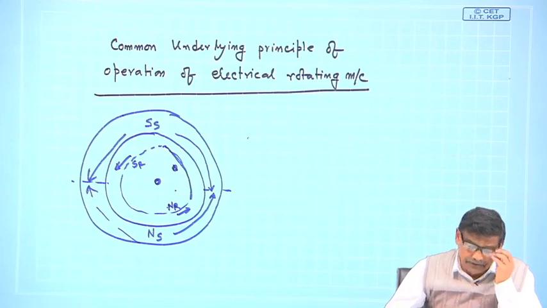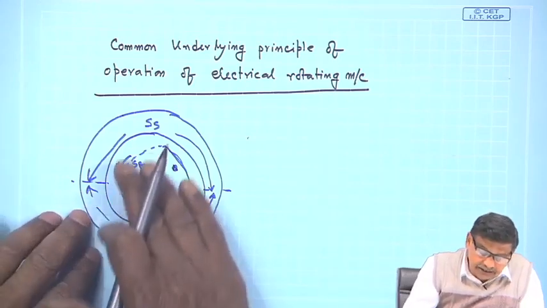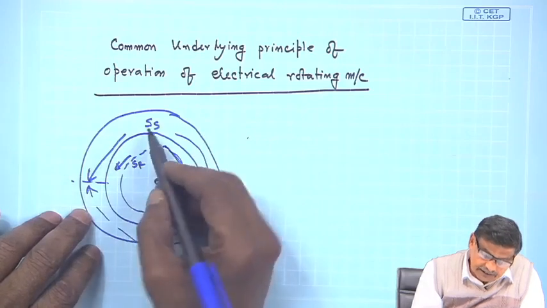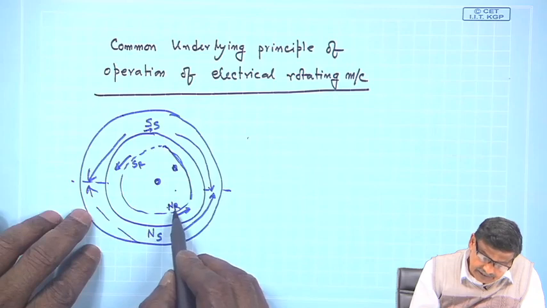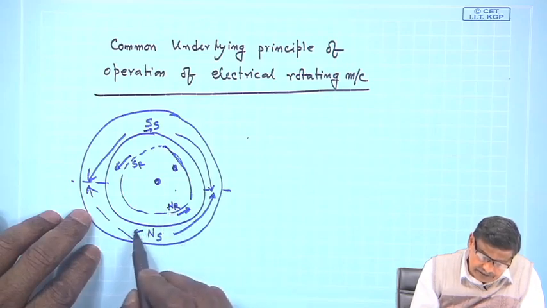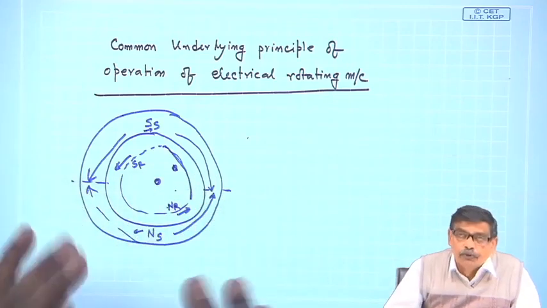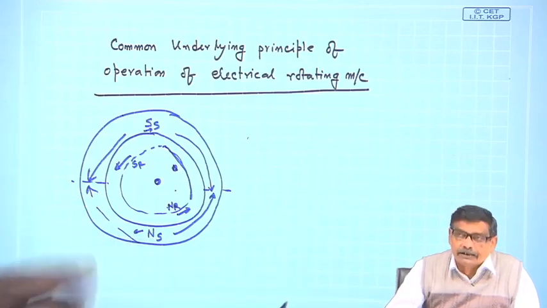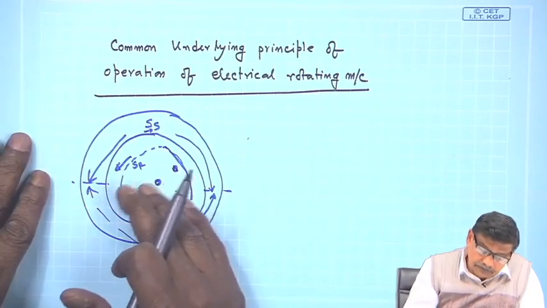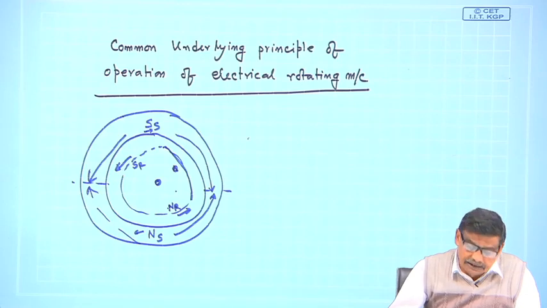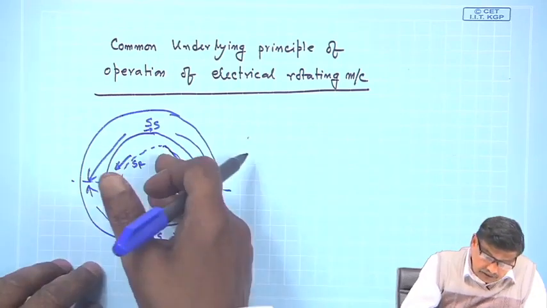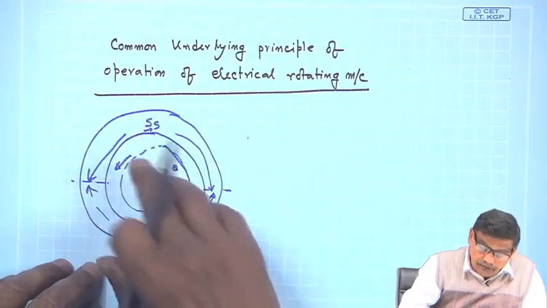One must not forget that the same torque is experienced by the stator, because SS experiences a force in this direction and NS also a repelling force in this direction, but the rotor cannot move. I have put that boundary condition. So, the same torque will be experienced by stator poles as well as rotor poles, but the stator cannot move, and it is the rotor which will try to move.